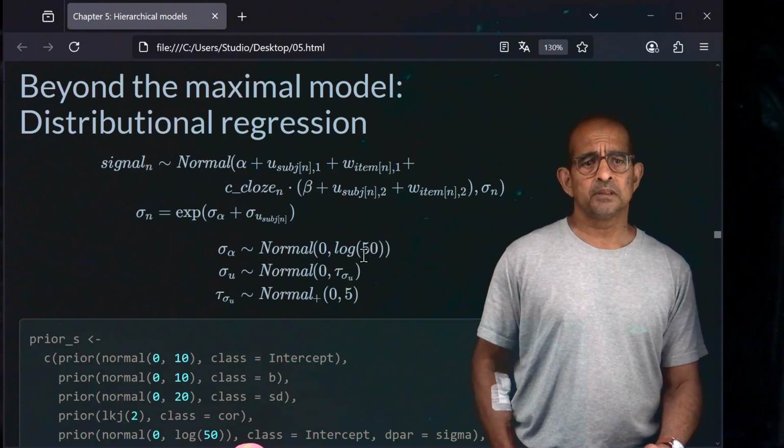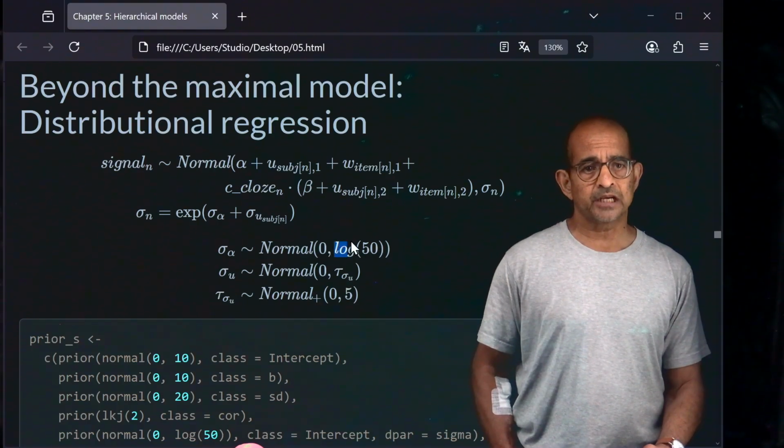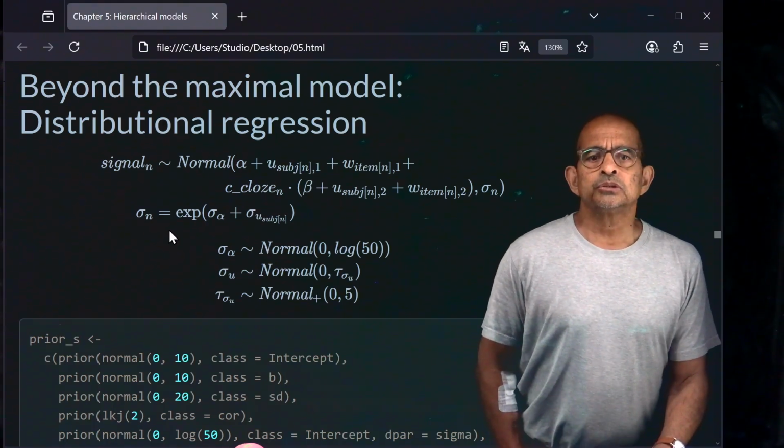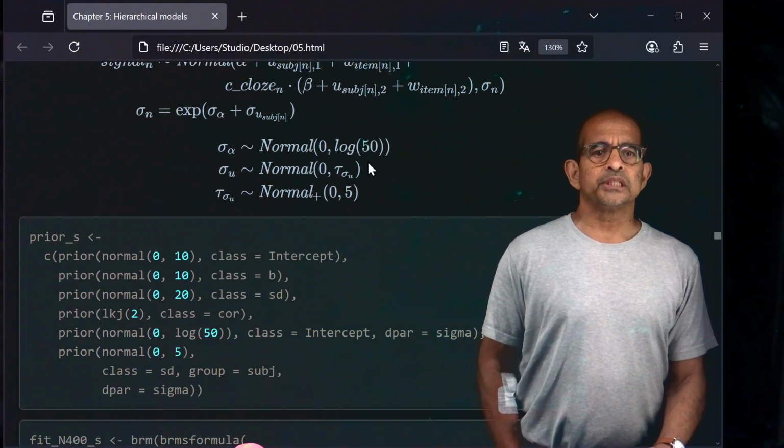So that's the only new thing here. So there's some hyperparameter defined for this hyperprior and so on. So that's the only new thing in this model, okay?